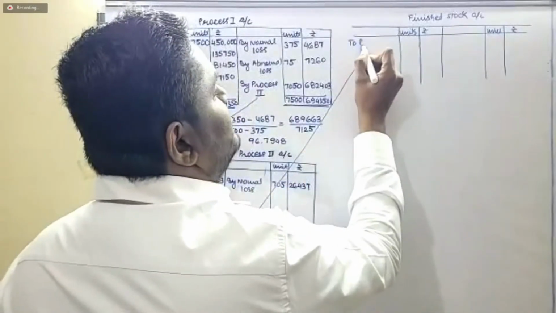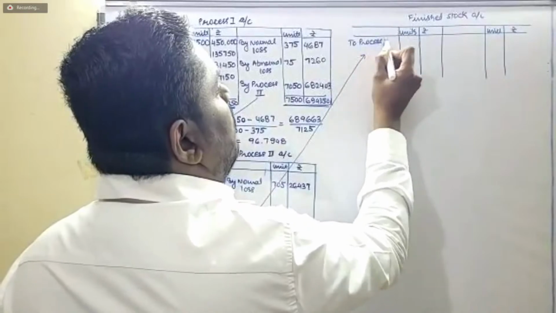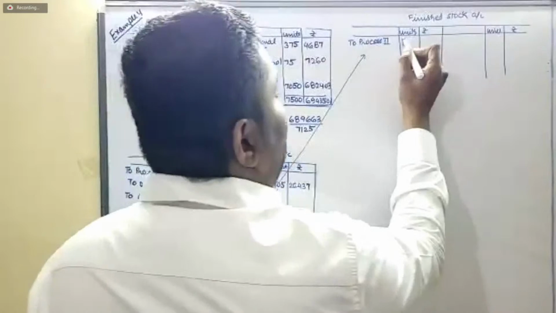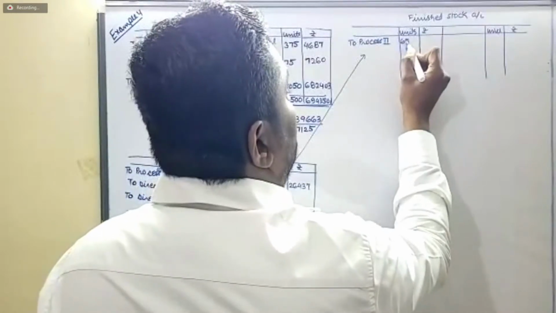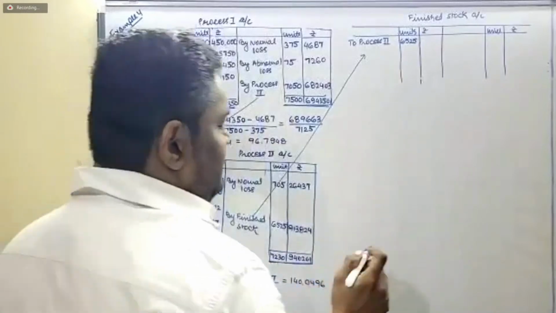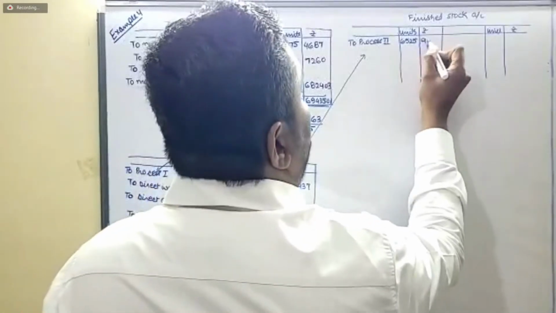So to process second, that is 6525 units, and the value is 913824.